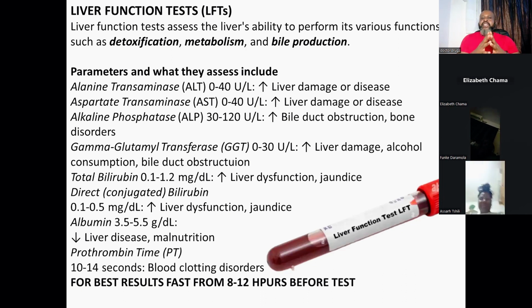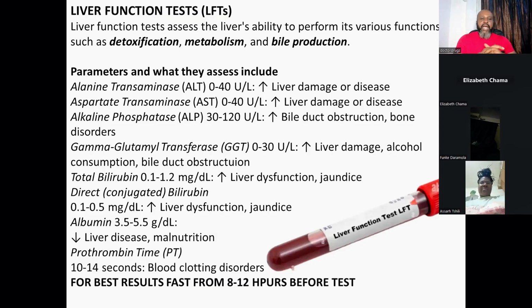GGT, or gamma glutamyl transferase, when it's high, means liver damage, excessive alcohol consumption, bile duct obstruction as well. High total bilirubin means liver dysfunction and jaundice. High direct or conjugated bilirubin also means liver dysfunction and jaundice. But when albumin is low, we're talking about malnutrition.